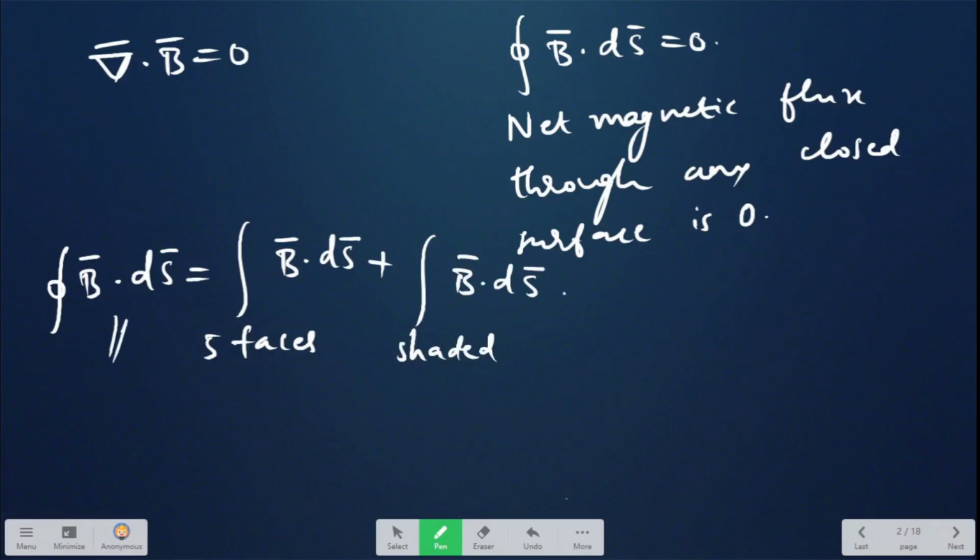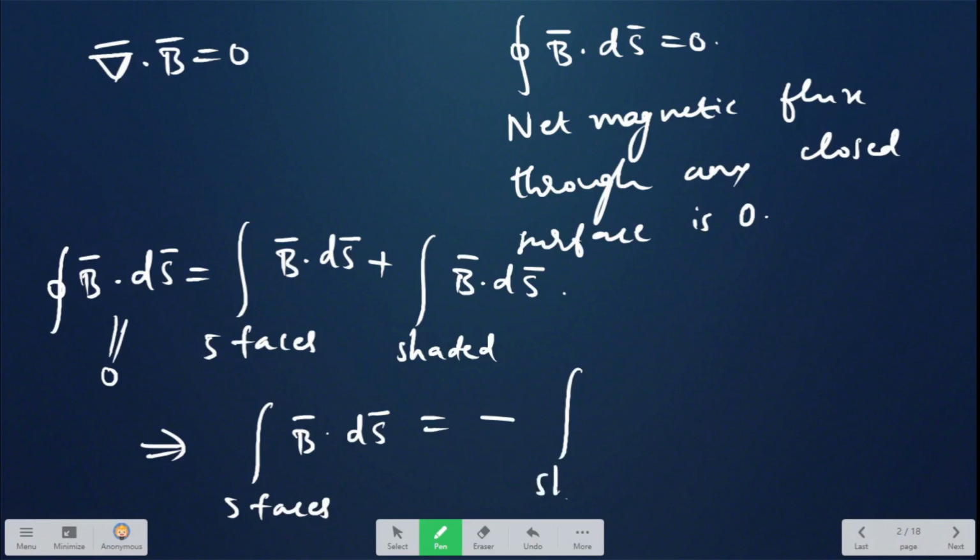Now the left-hand side is 0 from Gauss's law of magnetism, which implies magnetic flux through 5 phases is equal to minus of integral over shaded phase B dot ds.